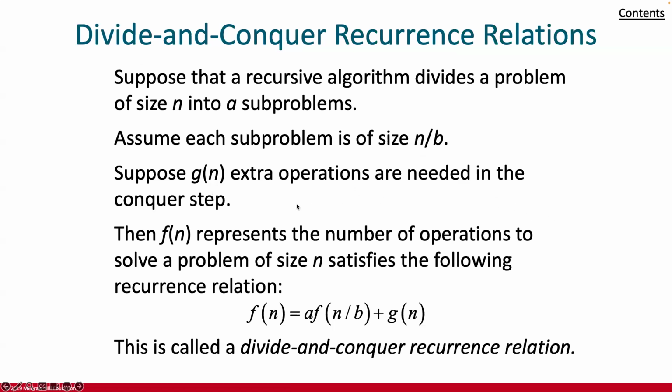Then f of n, which represents the number of operations to solve a problem of size n, satisfies the following recurrence relation: f of n is equal to a f of n divided by b plus g of n. This is called a divide and conquer recurrence relation.